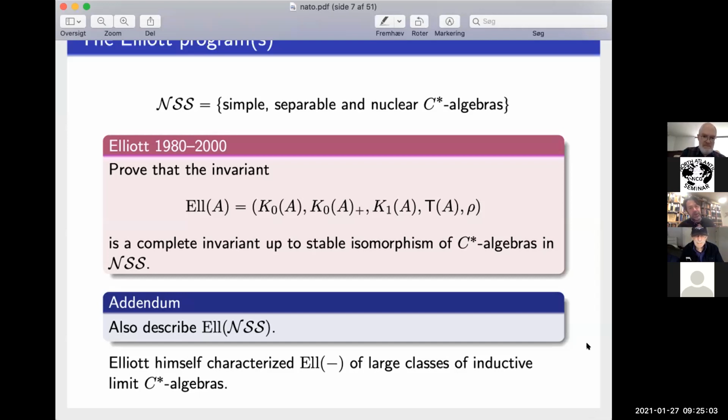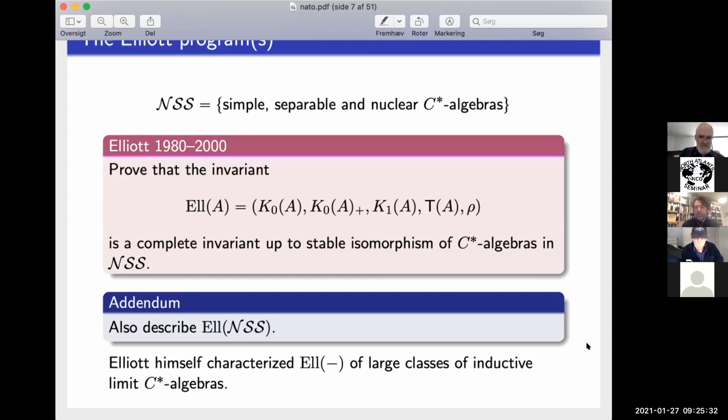So if you don't already know it, it's not going to be important. You have the trace space and a certain map making things fit together. And then in the beginning of the Elliott program, it was hoped that, in fact, this would work for all simple separable nuclear C-star algebras. After around 2000, examples were known by Toms and by Rordam showing that this would not work.